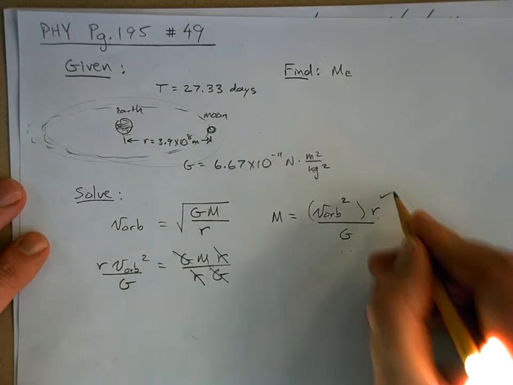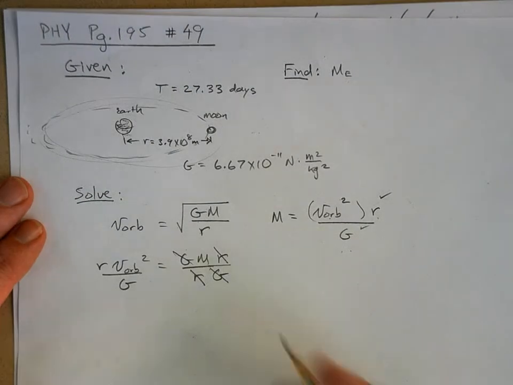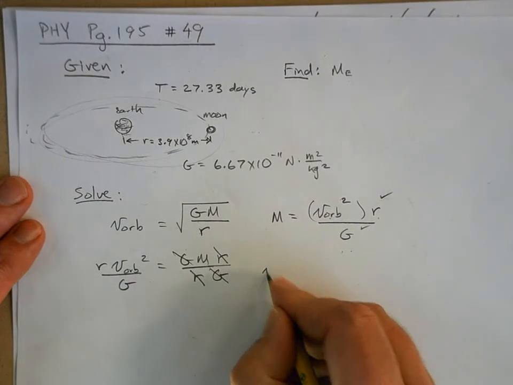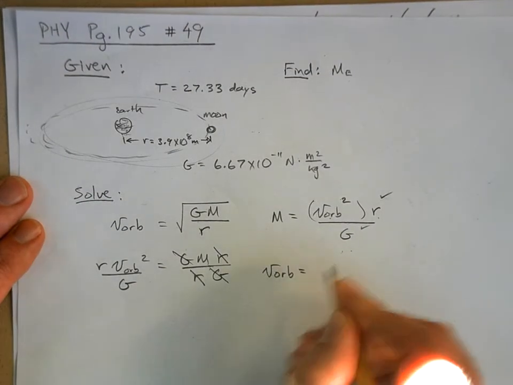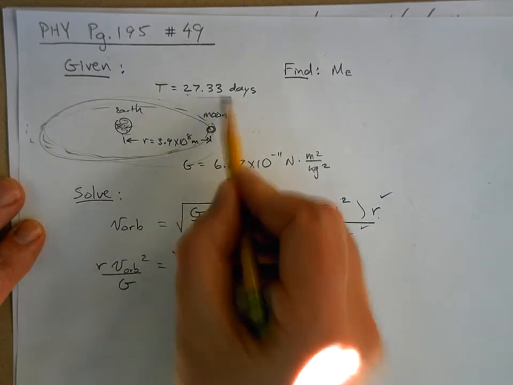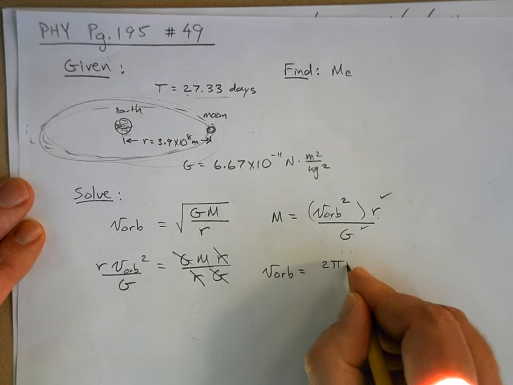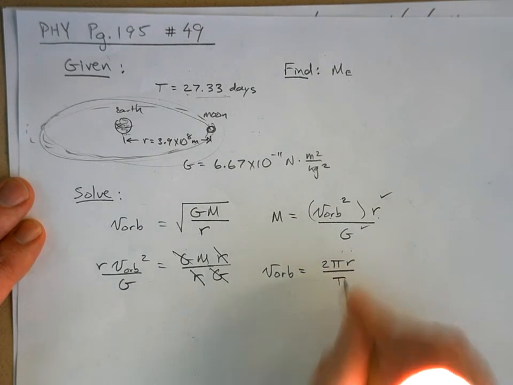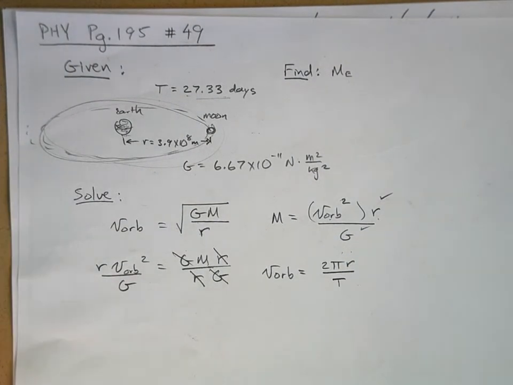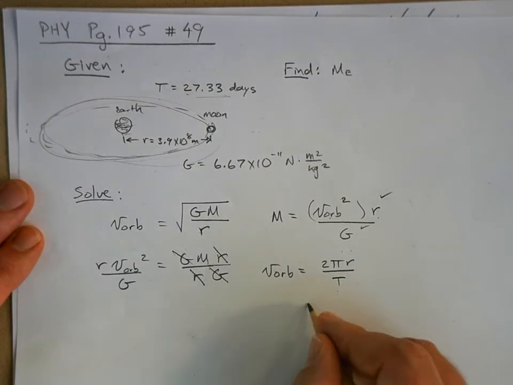So now I know this is given and this is given, but I need to know what the orbital velocity is. Well, the orbital velocity is just equal to the distance divided by the time. So it's the distance, it's 2 pi r over the period. Well, the period, though, has to be in seconds. So let's change that.